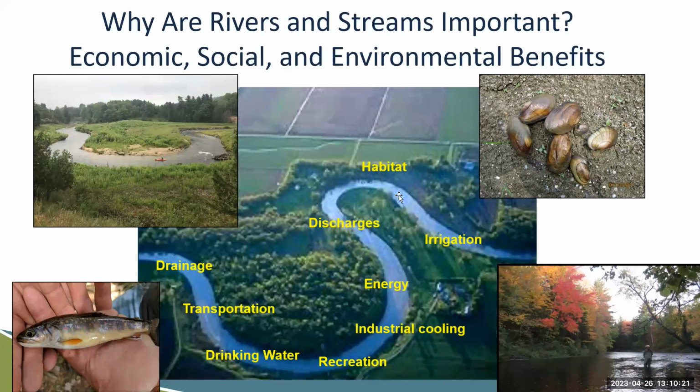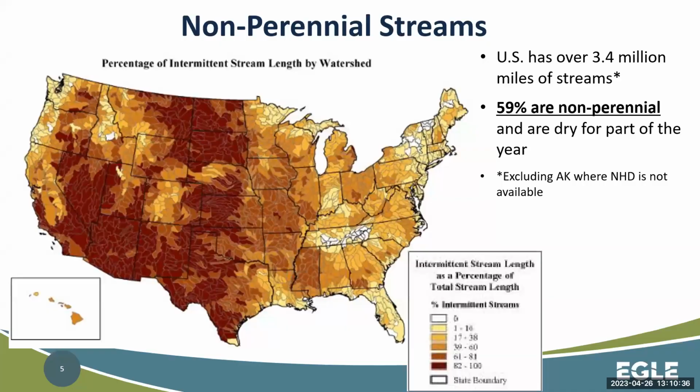And to preserve these benefits, it's essential to protect not only our larger rivers and streams, but also the vast network of smaller tributaries and drainages that directly affect the overall health of our watersheds.